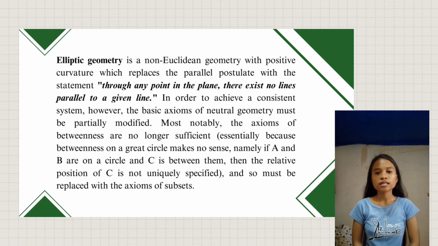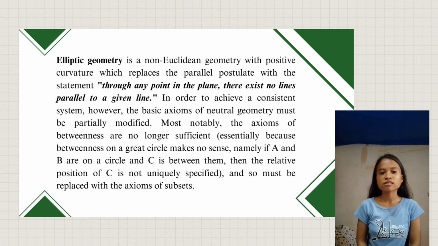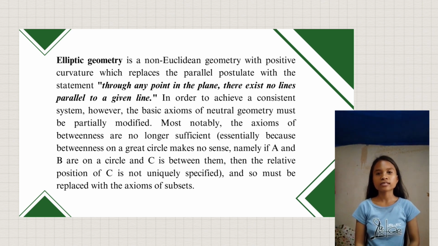Most notably, the axioms of betweenness are no longer sufficient, essentially because betweenness on a great circle makes no sense. Namely, if A and B are given on a circle, and C is between them, then the relative position of C is not uniquely specified, and so the axioms must be replaced with the axioms of subsets.